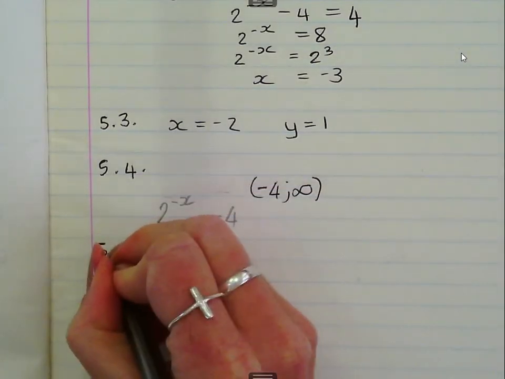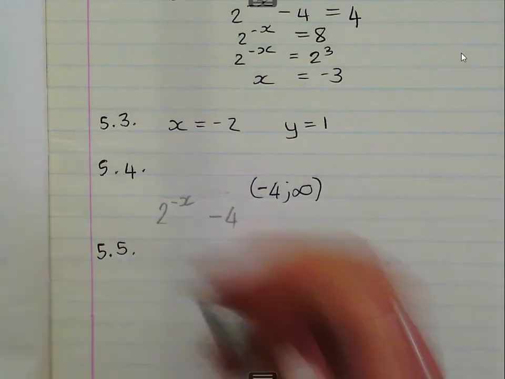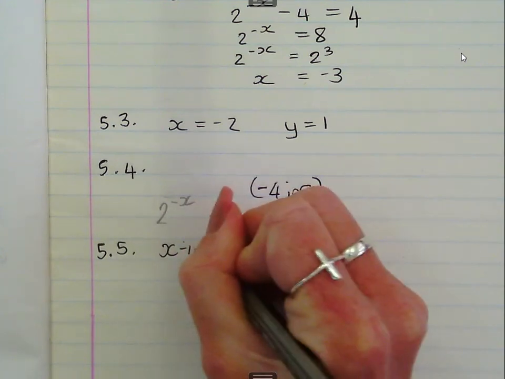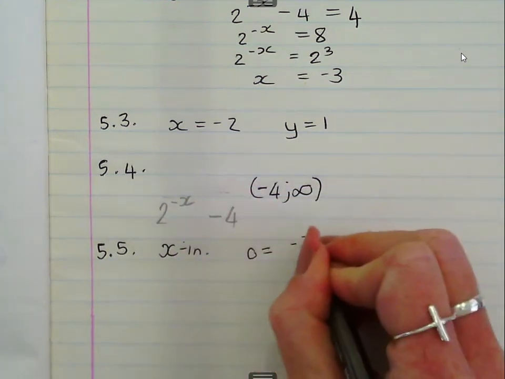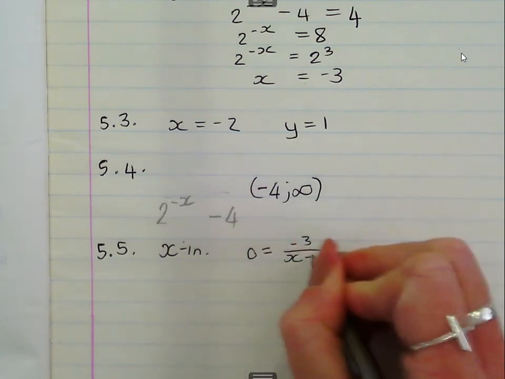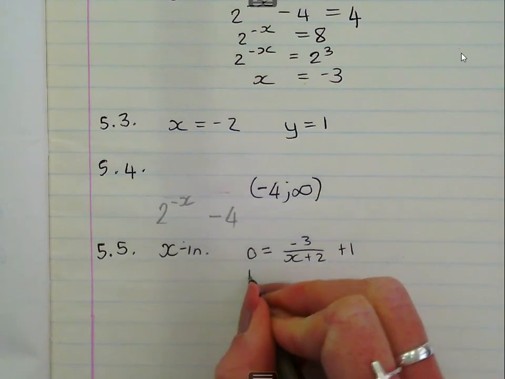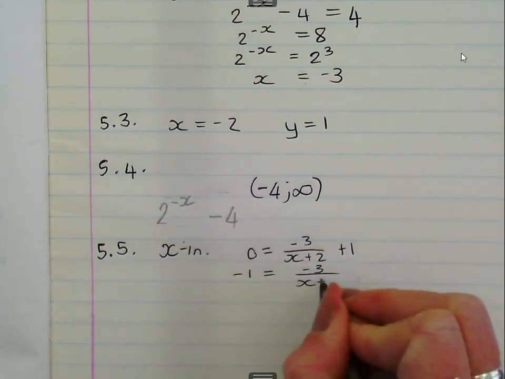First question, 5.5. Determine the coordinates of the x and the y-intercept of f. Okay, how do we find the x-intercept? We make y 0, so it's going to be 0 equal to -3 over x plus 2 plus 1. I take the 1 over, it's -1 equal to -3 over x plus 2.